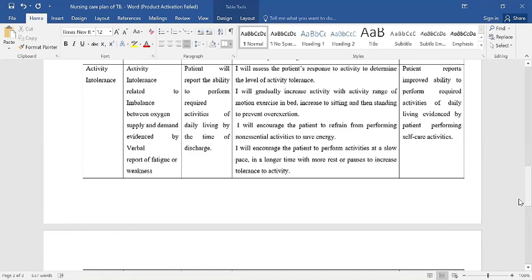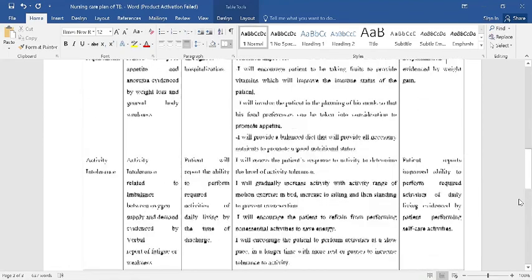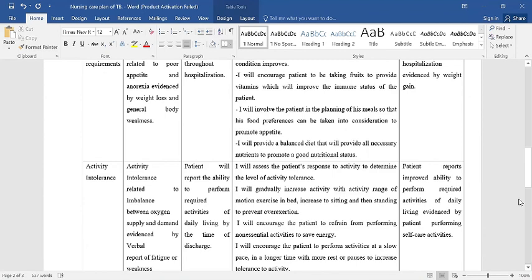What this means is that we are going to encourage this patient to perform activities at a slow pace, slowly. And within that period, we are going to tell them to take longer times and rests in between the activity so that they can build tolerance to that activity.